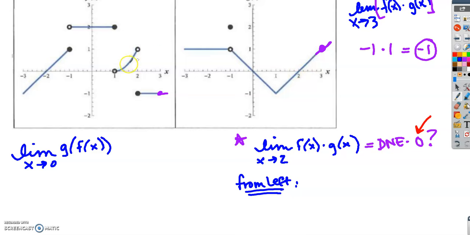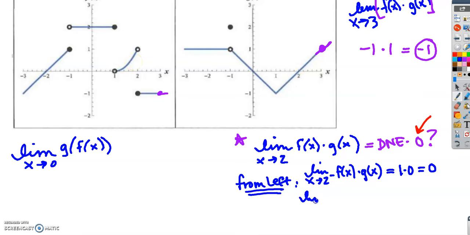So if I multiply these two things together, so that kind of looks like this. If I multiplied the limit as x approaches 2 from the left of f of x times g of x, so that would be, we said we got a 1 for the f of x times 0. So on the left, it approaches 0 because, again, this one was 0, this one was 1, so we get 0.